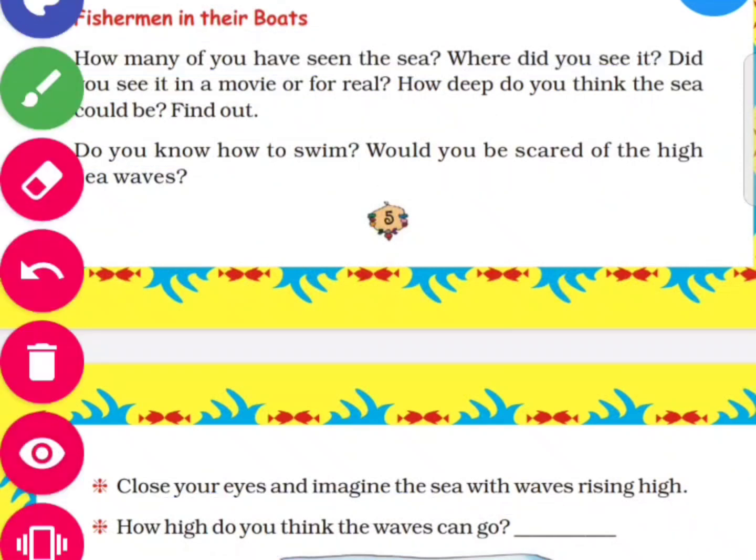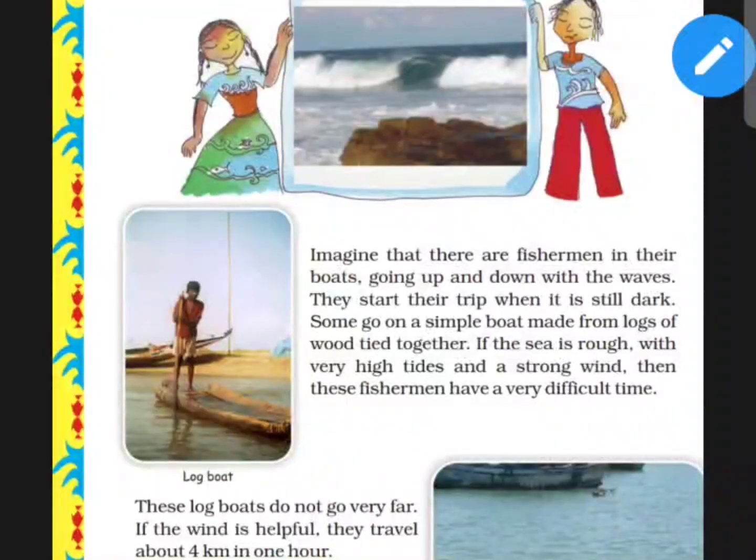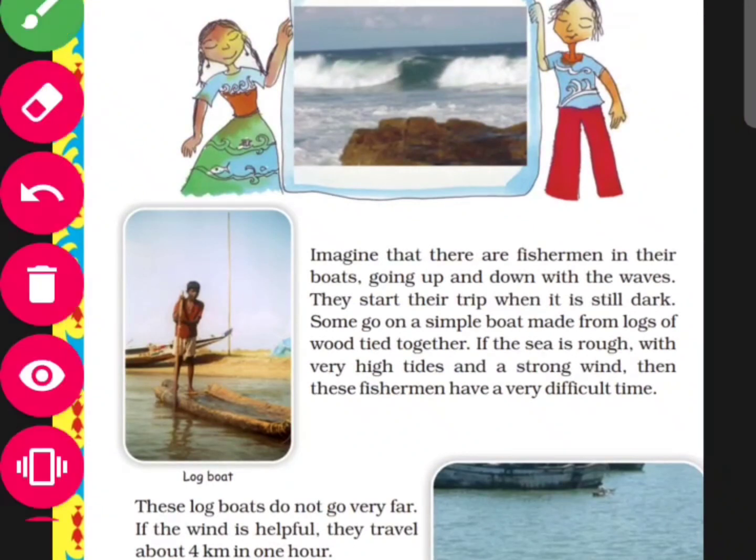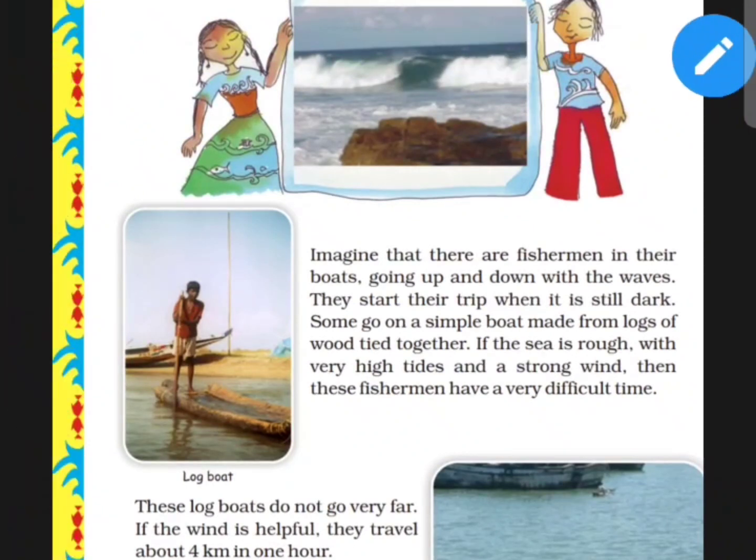Next, imagine that there are fishermen in their boats going up and down with the waves. They start their trip when it is still dark. Some go on a simple boat made from logs of wood tied together. If the sea is rough with very high tides and a strong wind, then these fishermen have a very difficult time.